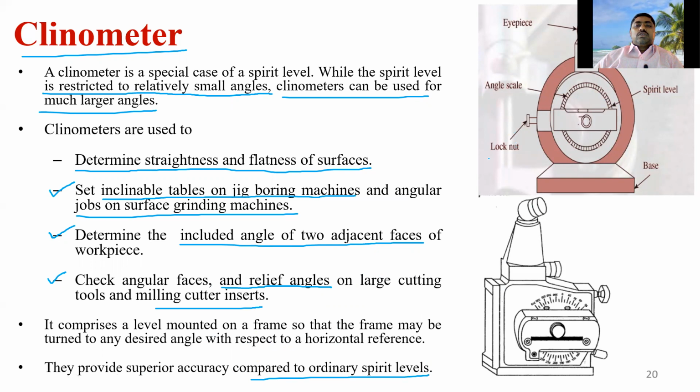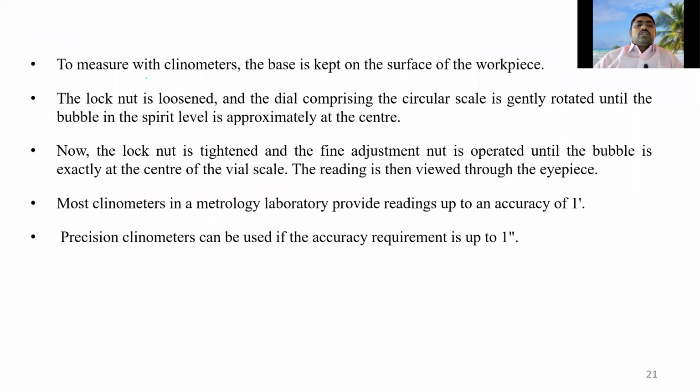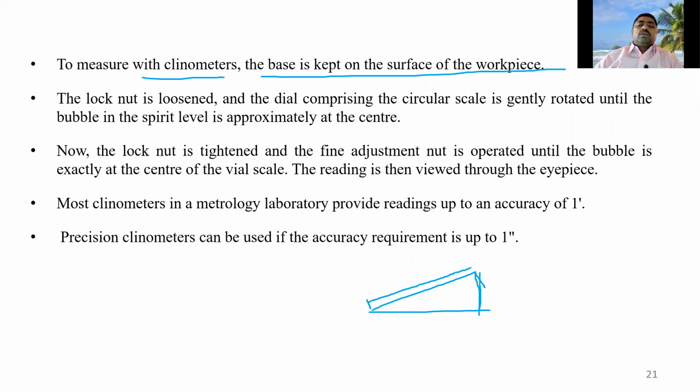How does this work? To measure with the clinometer, the base is kept on the surface of the workpiece. We want to measure the angle of this component, so the base is kept here on the inclined surface of the workpiece.